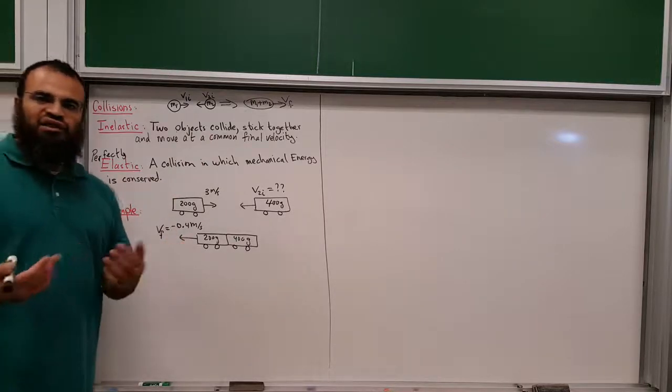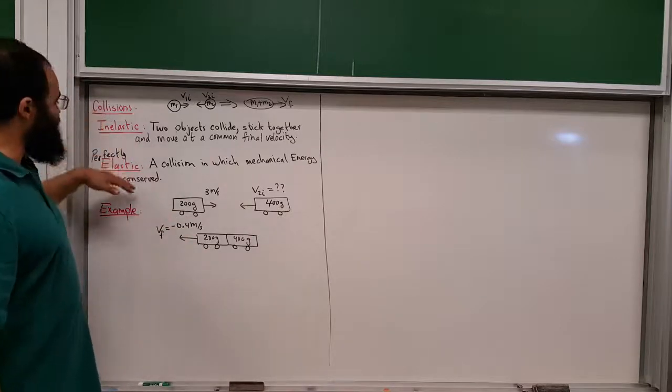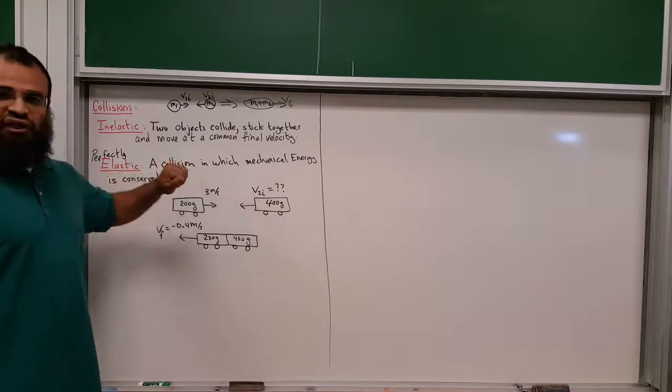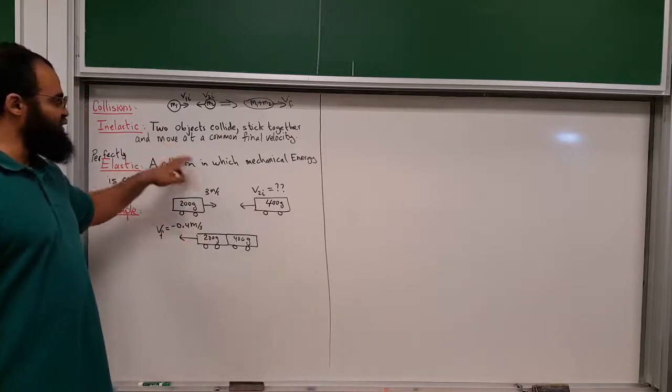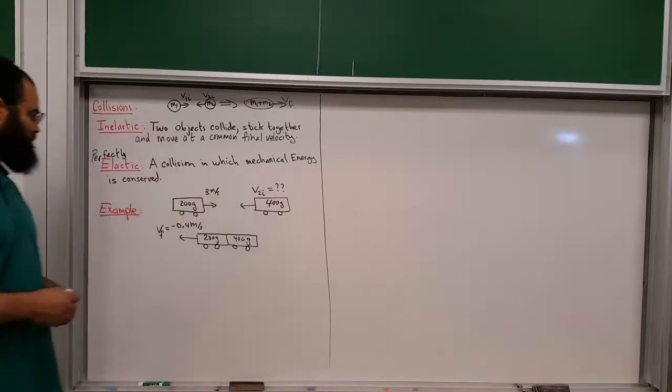So right before the collision and right after the collision, the momentum will be conserved, whether it's elastic or inelastic. Either way, it will be conserved. The problem is with energy. With inelastic collisions, the mechanical energy will not be conserved actually.